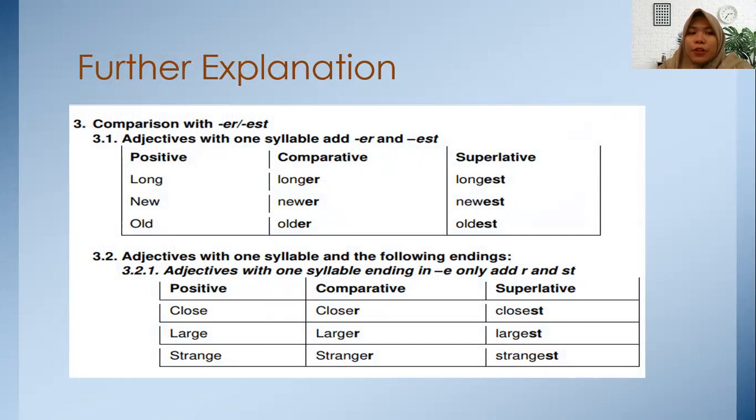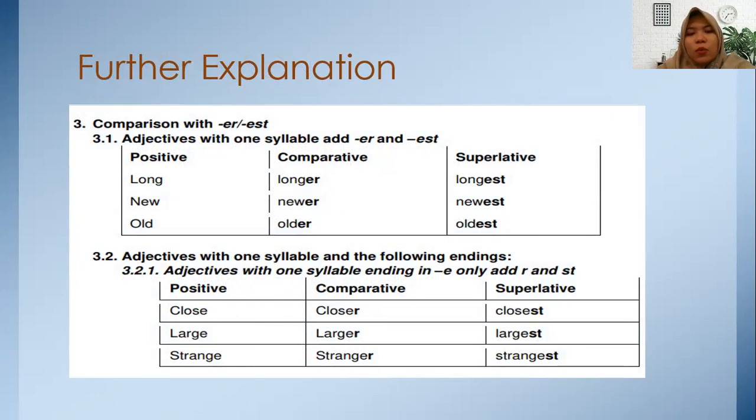The first one is if it contains one syllable, you need to add "er" and "est" whenever you use comparative or superlative. For example, long, longer, longest. New, newer, newest. Old, older, oldest.